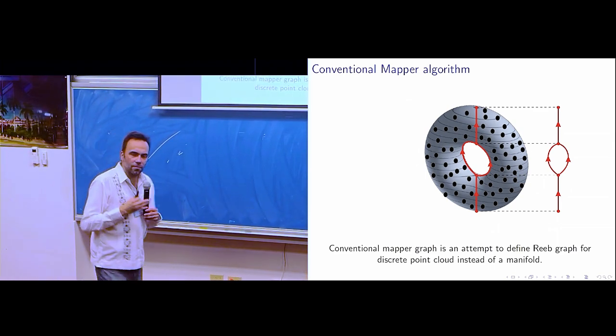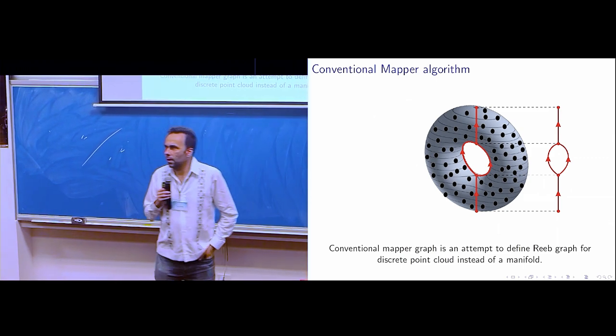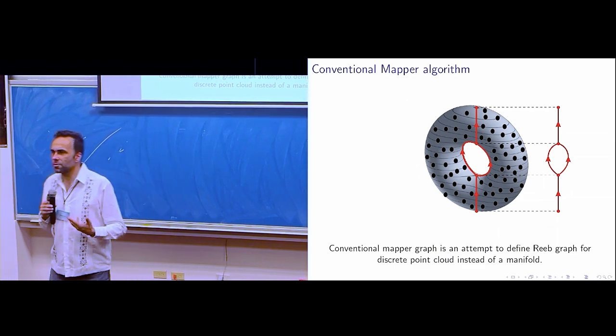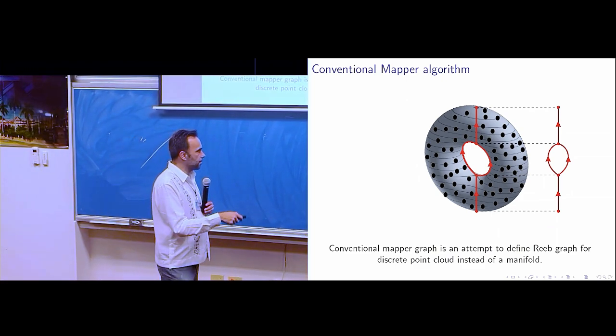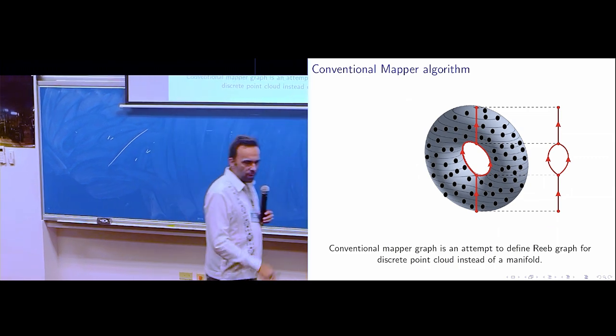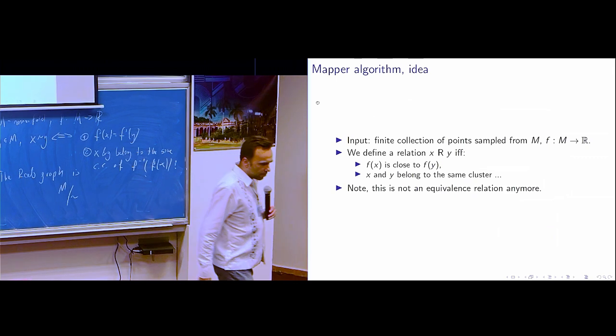Can we get something which resembles the concept of the Reeb graph? They proposed this construction, which they call the mapper algorithm, which, if you look at the definition, tries to mimic this definition. So let's take a look at how the standard mapper is constructed.